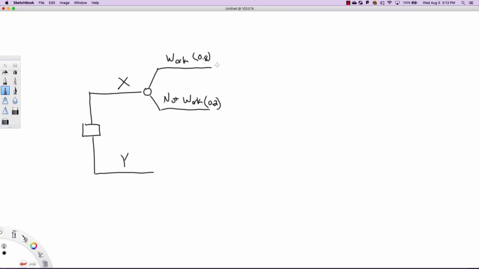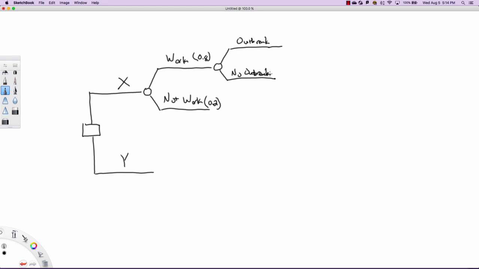If it does work, we've got another probability chance point here, because it might work, but there might not be an outbreak of that disease. Maybe there is an outbreak, and maybe there's no outbreak.